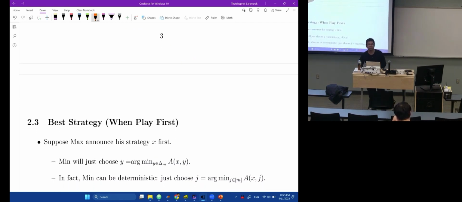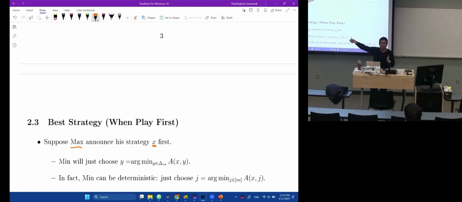So now let's start with some simple observation. Suppose that the max guy announced his strategy, which is X. Then what is the best thing that the min player should do?